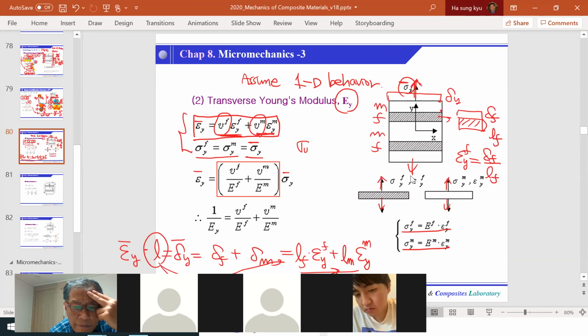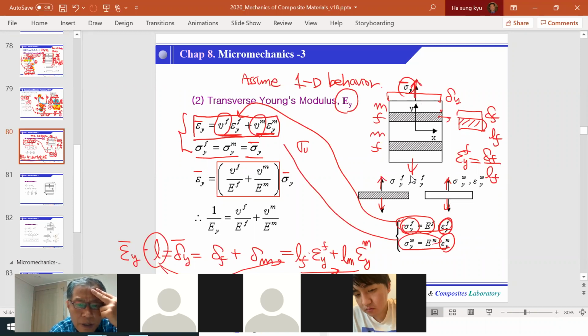And this EF will be these terms, sigma F over EF will be here, and this strain will be here, right? And then we use these conditions, and we have a common variable, sigma y bar, right?